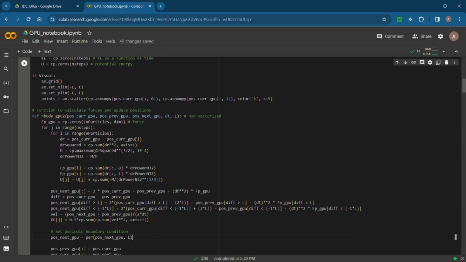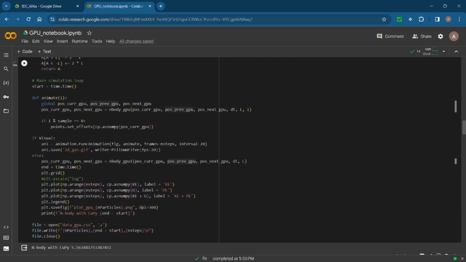So this is a non-vectorized version of the code, meaning it is possible to vectorize this inner loop, the loop over n particles. Parallel architectures, especially GPUs, benefit a lot from vectorization. For example, if I run this with visual turned off, this particular function will run.